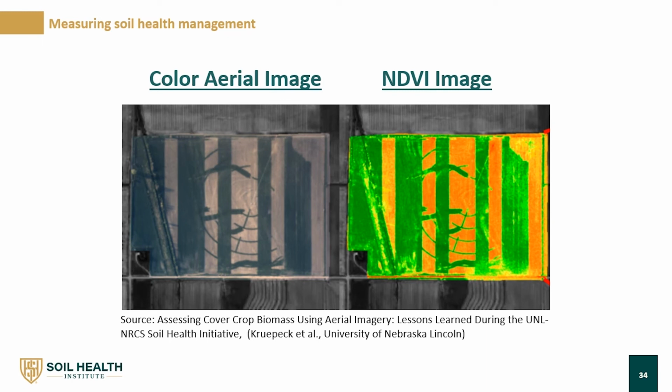In this case, they're looking at cover crops. So the image on the right, the NDVI image, greener areas are showing areas of higher cover crop growth or higher biomass. So this is a really easy way that you can take an existing tool vis-a-vis satellite imagery and use it to help provide clients some guidance to assess cover crop stands or actually quantify their soil health management.